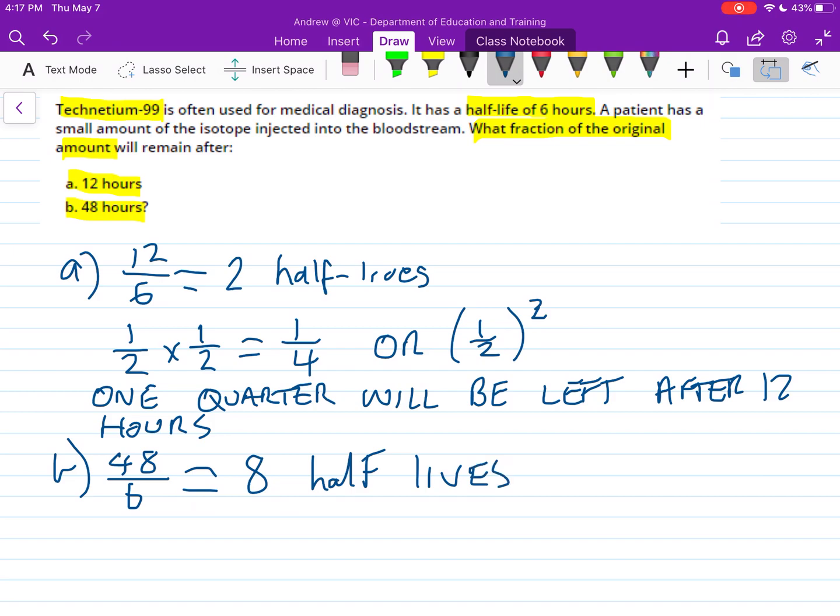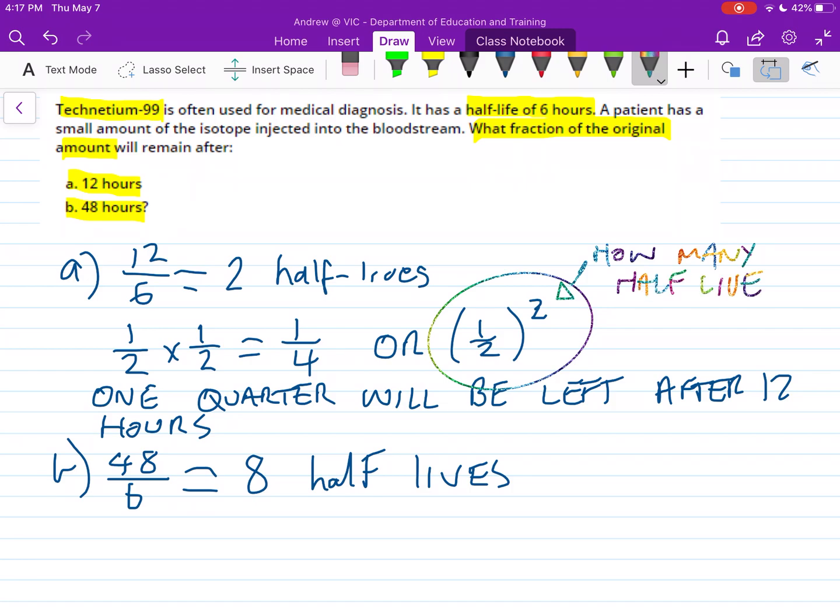We're not going to write out a half times a half times a half times a half and so forth. This is where you can use our notation here. Just remember, up here, this is how many half-lives, the power. So we will go 1/2 to the power of 8.